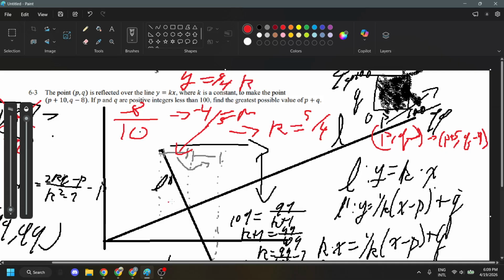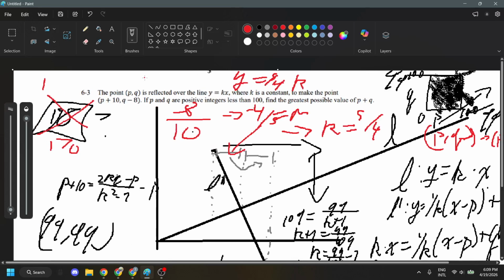So since this is on the point, on the line, we know that q minus 4 is equal to 5/4 times p plus 5, which is one restriction. So then solving, we just get q minus 4 is equal to 5/4 p plus 25 over 4. Adding 4 on both sides, we get 16 plus, that would be 41.